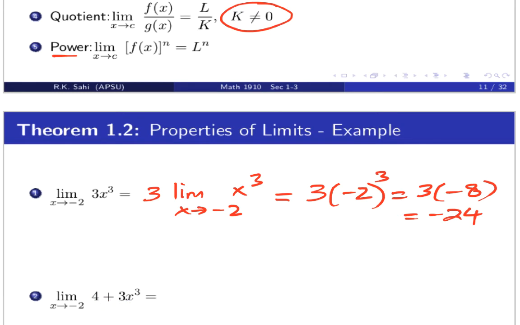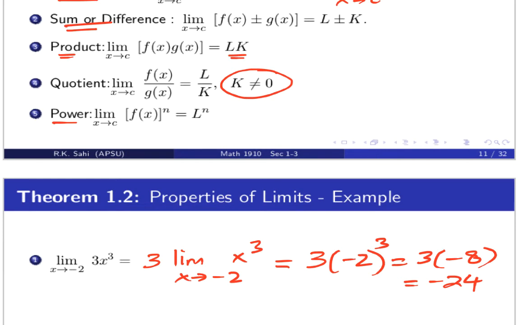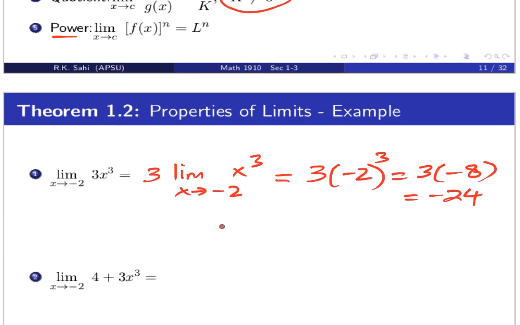So we apply the sum or difference properties of limits, which simply means this is going to be the limit as x approaches minus 2 of 4 plus the limit of 3x cubed as x approaches minus 2.